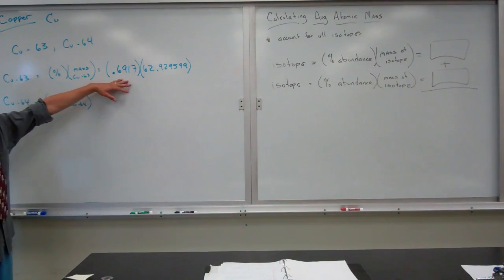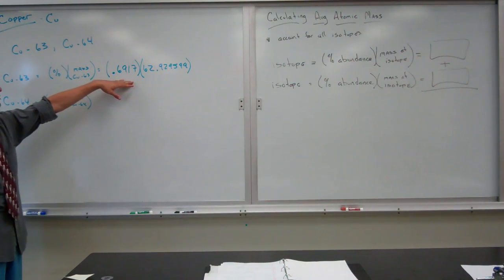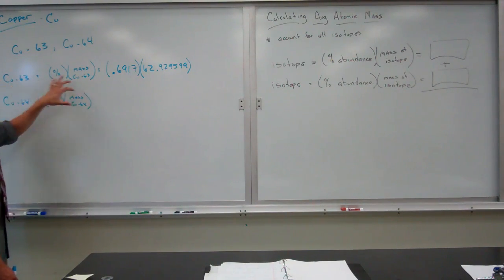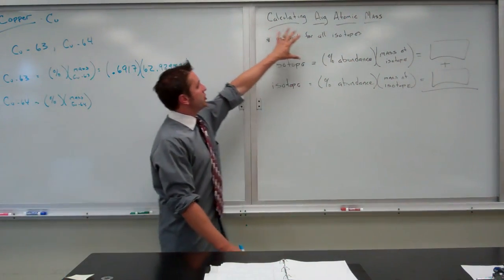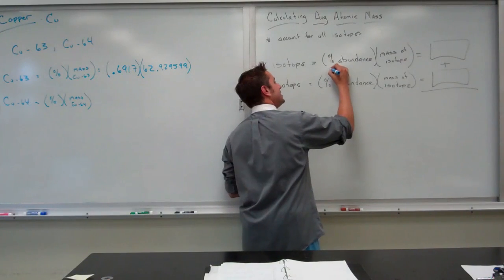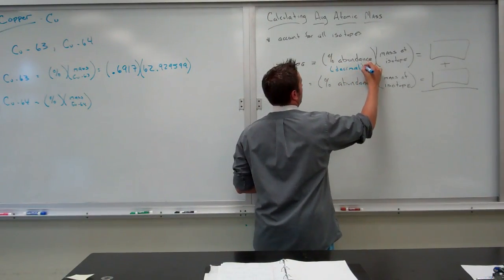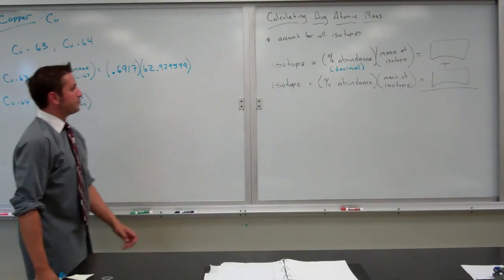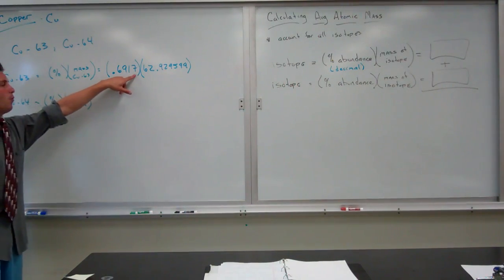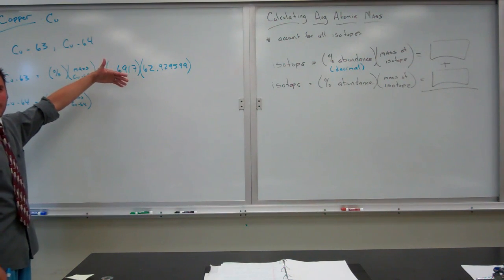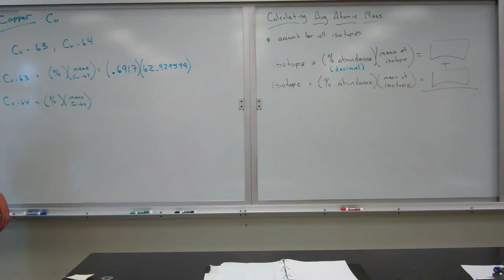Now, the percent abundance was 69.17%, right? But whenever we do a calculation for the average atomic mass, the percent abundance is always expressed in decimal form. So the 69.17, you swing the decimal 2 to the left, and you get 0.6917.